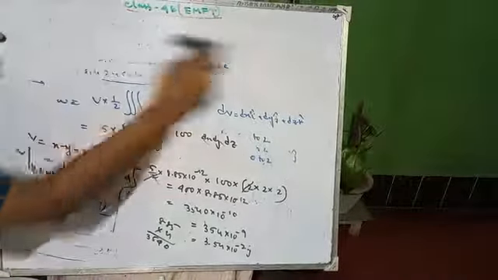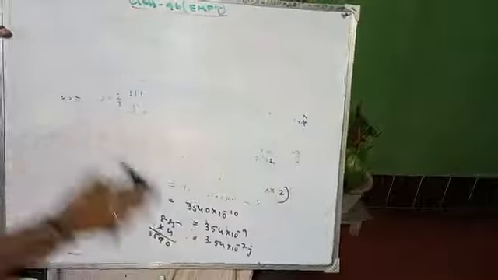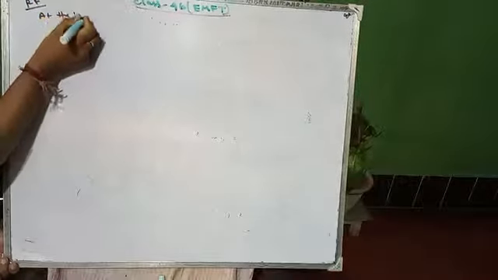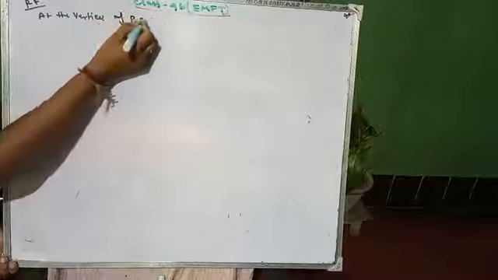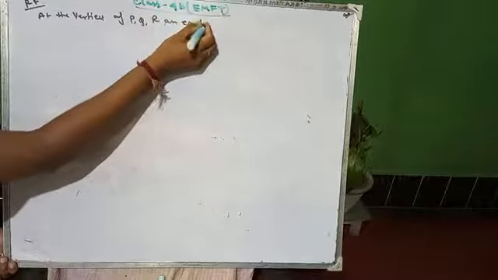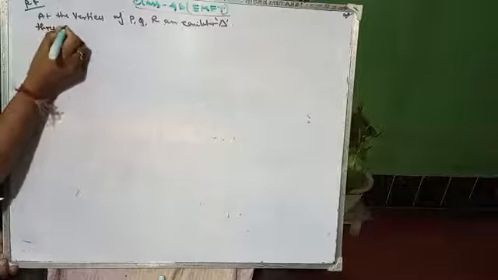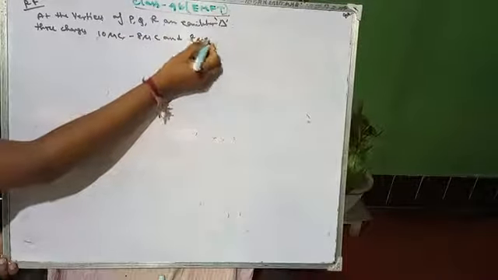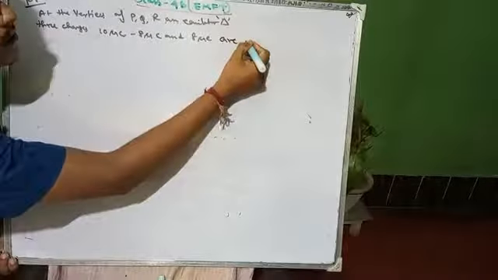Okay, so now I will move into problem number 8. Problem number 8 is: at the vertices P, Q, R of an equilateral triangle, three charges, 10 microcoulomb, minus 8 microcoulomb and 8 microcoulomb are placed respectively.